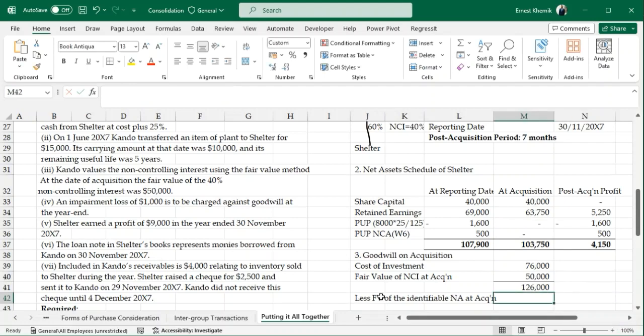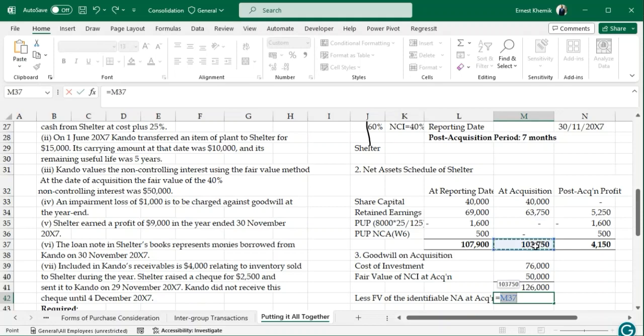And that is going to be equal to, what's the fair value of the identifiable net assets at acquisition? That is the value we have, 103,750. So I'll refer to this figure right here, and then I'll press OK.